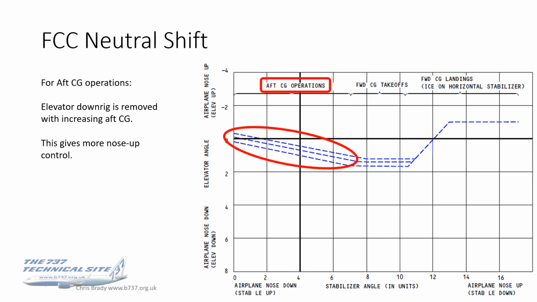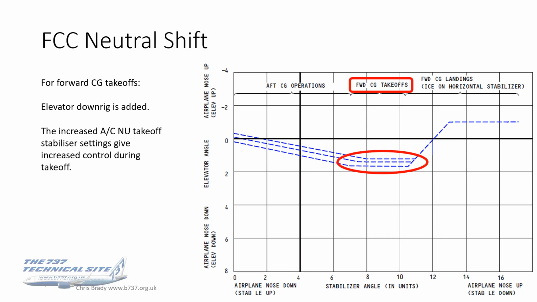So it's removing that downrig, bringing the elevators back up to the third position with the stabilizer. Whenever you've got the elevators third, you've got the full range of travel available to you.